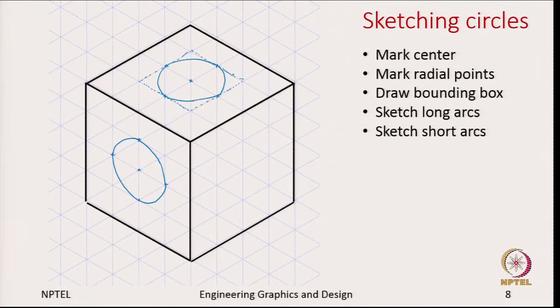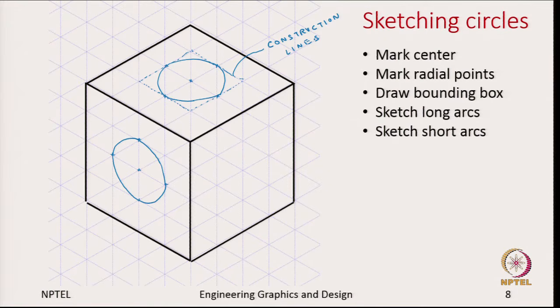And one more important point I need to say is this: what I have drawn is the construction lines. When you are drawing with a pencil on paper, you can use the pencil to draw either a light line or a dark line.